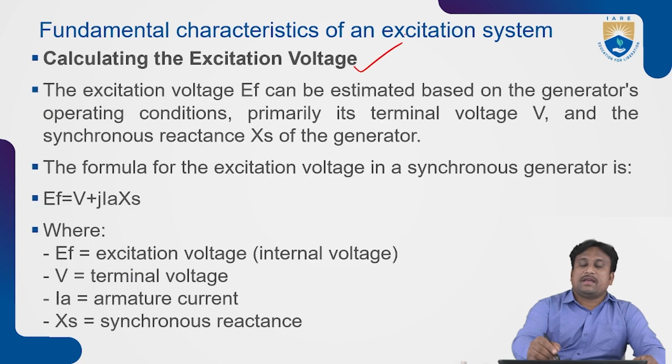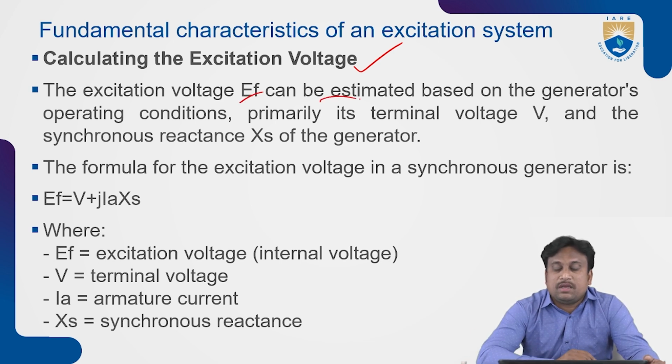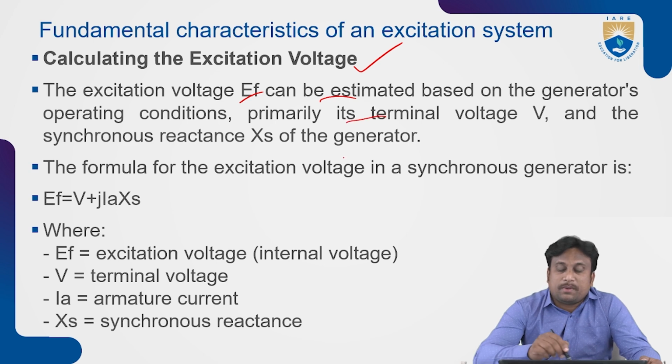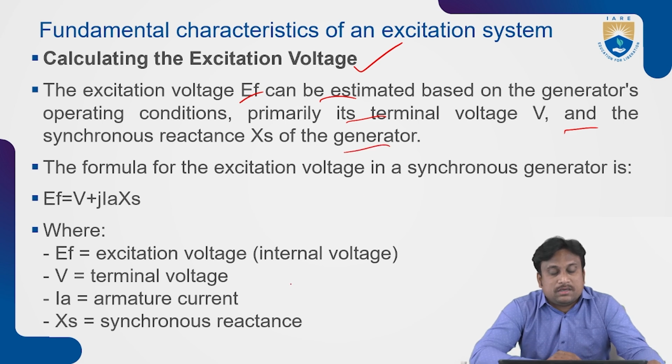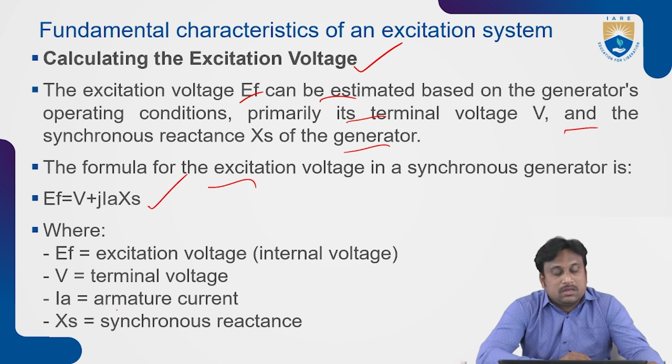Now calculate the excitation voltage for the first case. So the excitation voltage EF can be estimated based on the generator's operating condition. Primarily, it depends on the terminal voltage V and the synchronous reactance XS of the generator. That means the formula for the excitation voltage in a synchronous generator is EF equals V plus jIA XS.